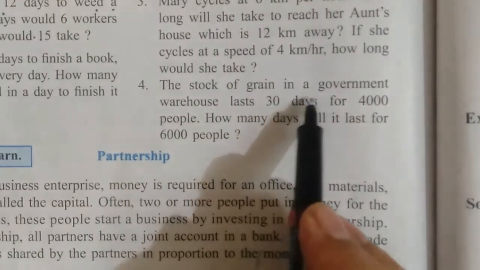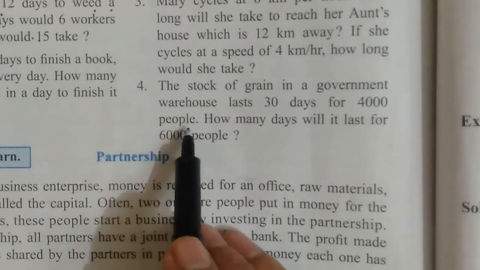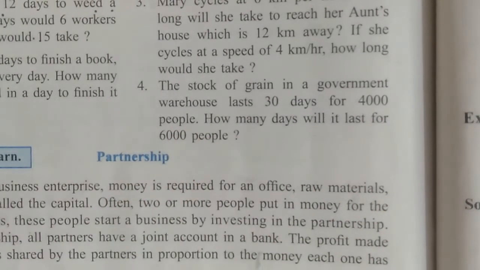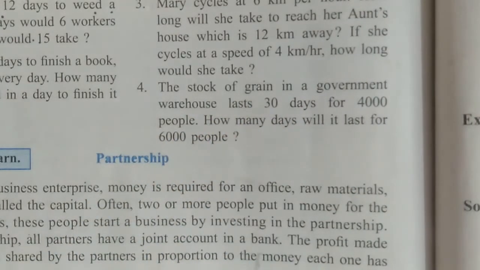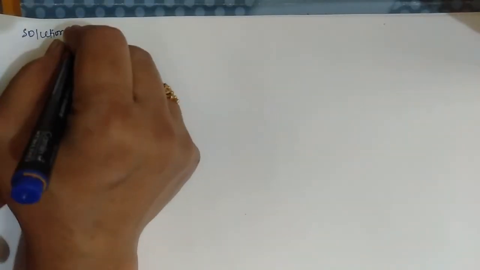The stock of grain in a government warehouse lasts 30 days for 4,000 people. How many days will it last for 6,000 people? Here the number of people and stock of the grain are given. So both quantities are in inverse proportion. See the solution.